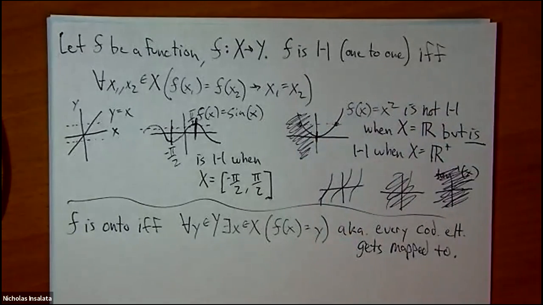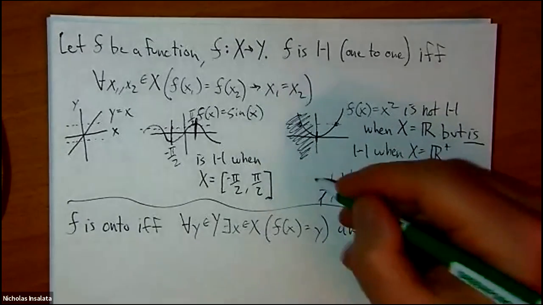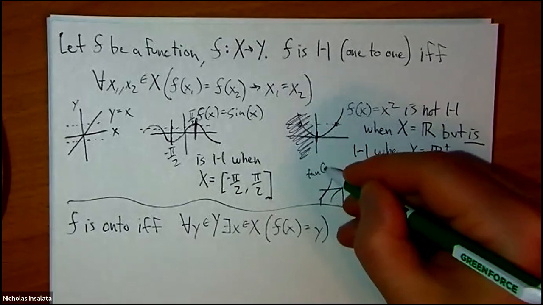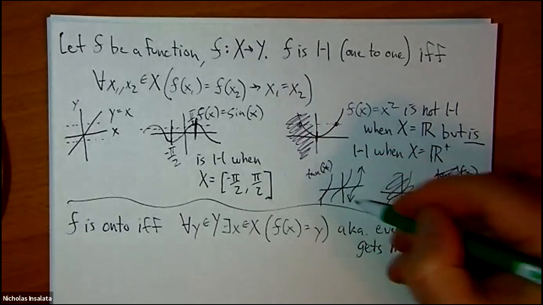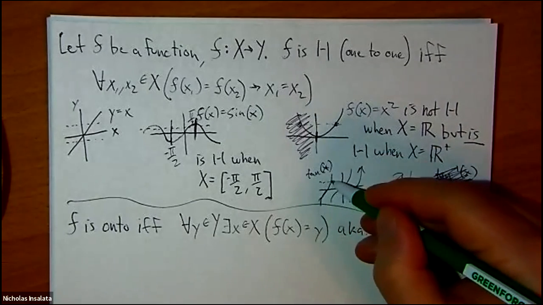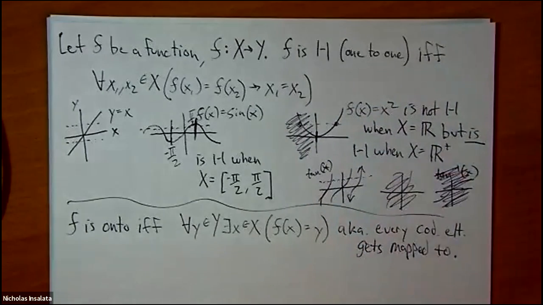Right? And so that's tangent, which is onto because it goes all the way up and all the way down, but it's not one-to-one because it fails the horizontal line test. Doesn't matter that they're undefined at plus or minus pi over 2.